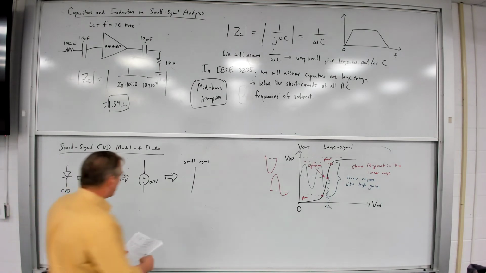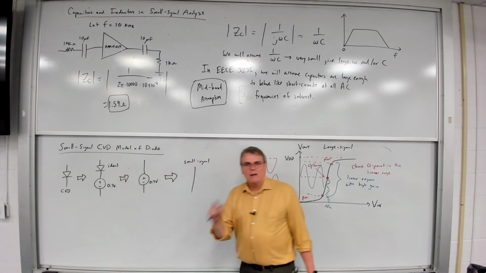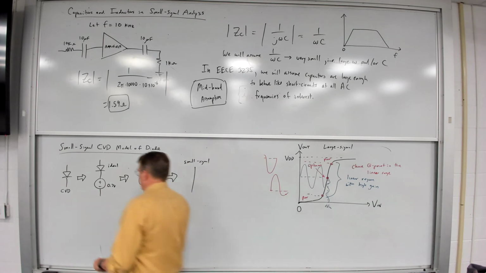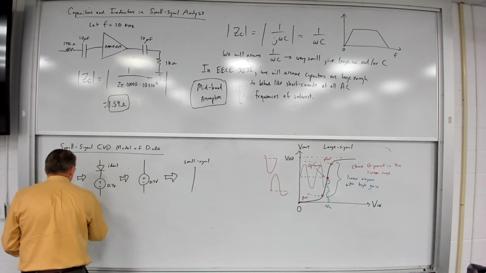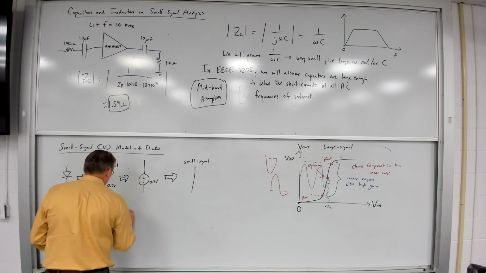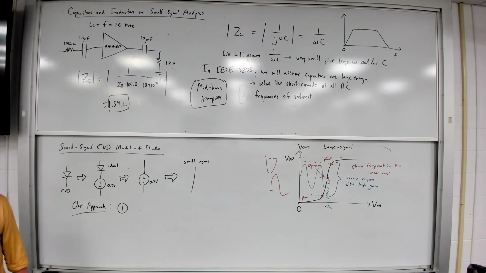So what are we going to do? Well, this is actually the approach we just did a minute ago. First of all, we're going to use the CVD model to calculate only the DC bias point.